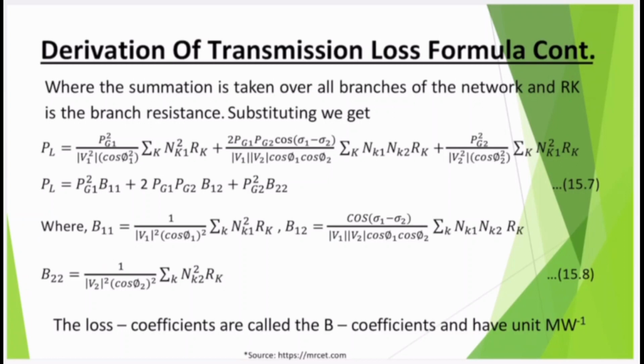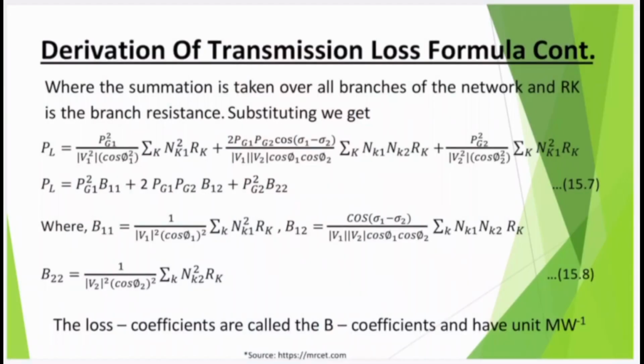So all the coefficients, that means PL, can now be represented as Pg1 square B11, where B11 is a coefficient, plus 2 Pg1 Pg2 B12, where B12 is another coefficient, and finally Pg2 square B22, where B22 is another coefficient.